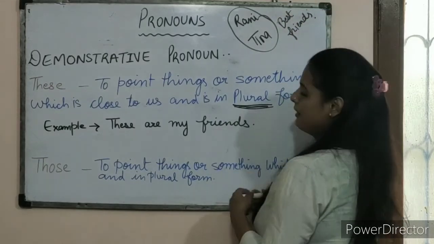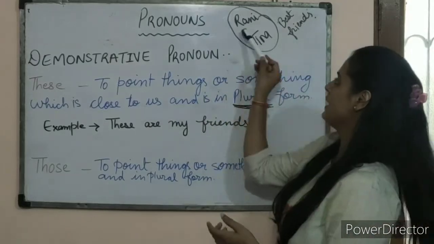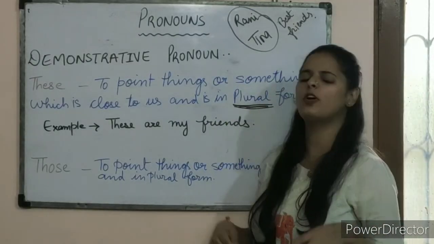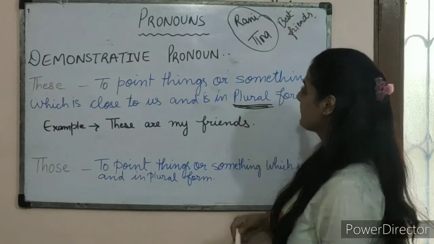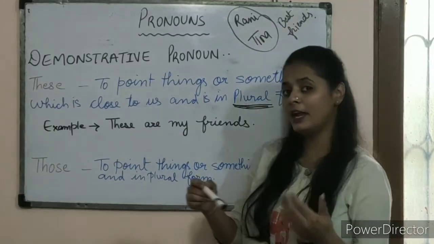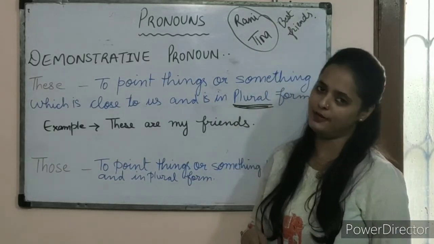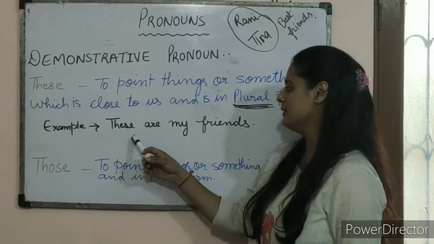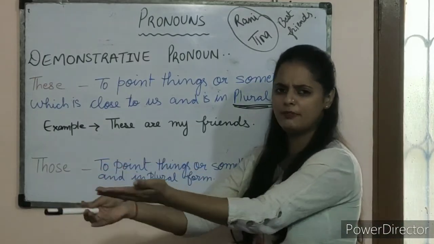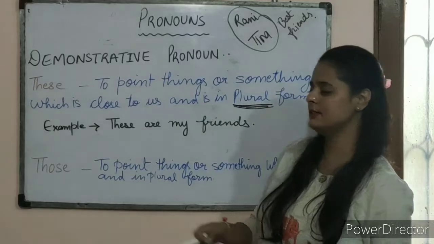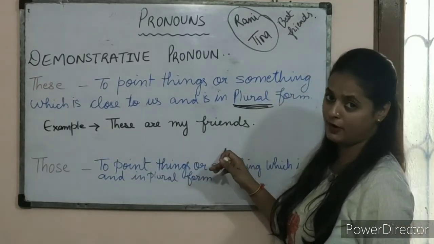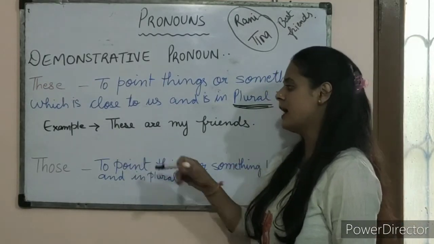Rani and Tina are very good friends. Rani visits Tina's school for an occasion, you can say. Rani says to Tina that I want to meet your friends. Tina in reply says these are my friends. So many of them were standing there and Tina says that these are my friends. What is Tina saying? These are my friends.